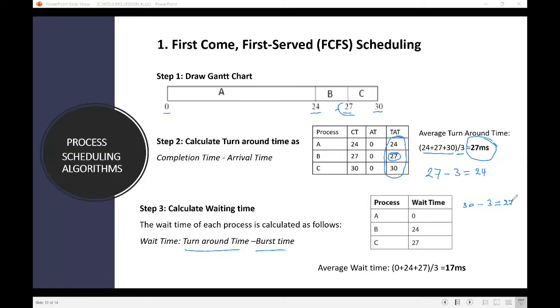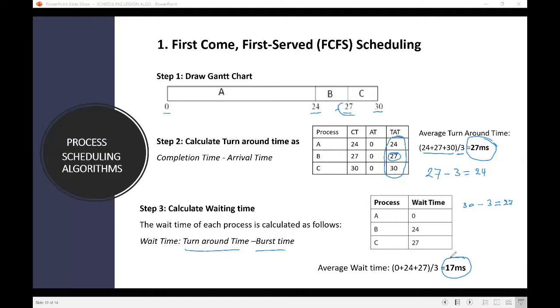So now we can calculate the average wait time. We find that process A will wait for 0 milliseconds, B will wait 24, C will wait 27. Then we divide by 3, and we find that the average wait time is 17 milliseconds.